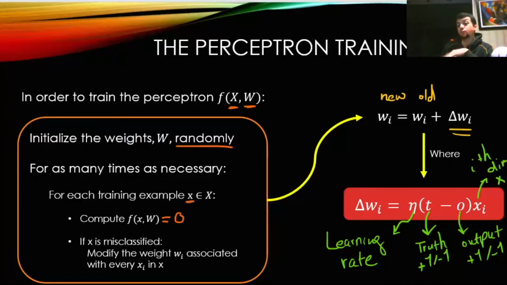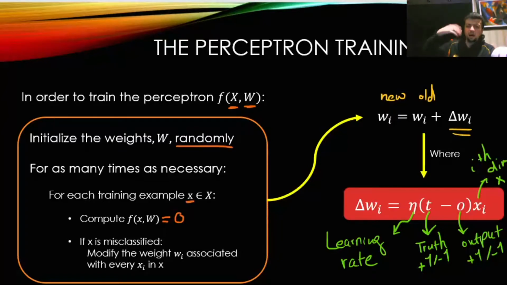For example, if we somehow magically learn from T minus O x_i that we have to increase w_i, you would multiply that by this learning rate. And learning rate tends to be a very small value. I'm talking 0.001, 0.0001. So that it would break that huge update in your w_i, so that the change that you will make in your w_i, whether you want to increase it or decrease it, will not be too drastic. Okay?